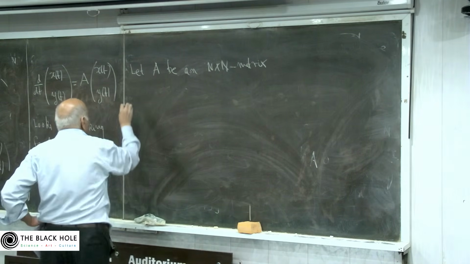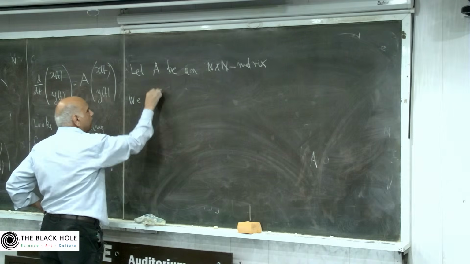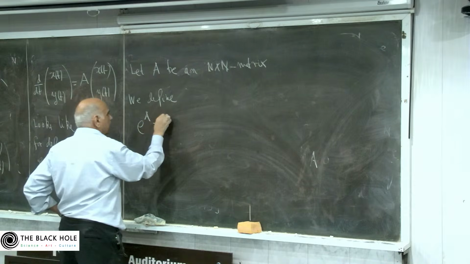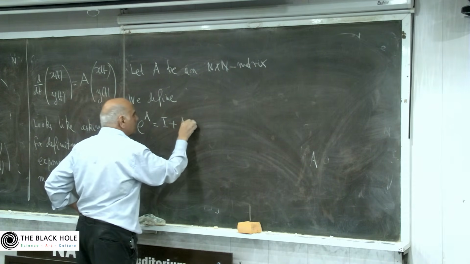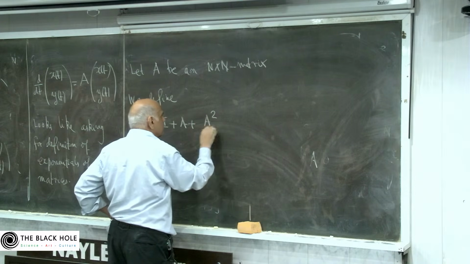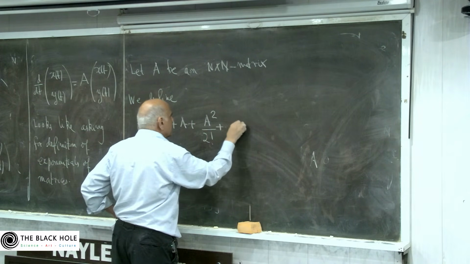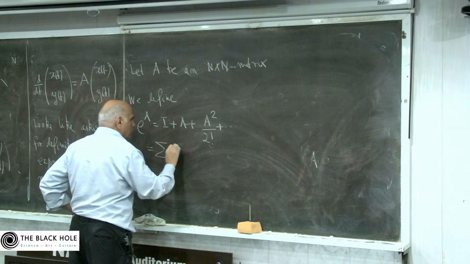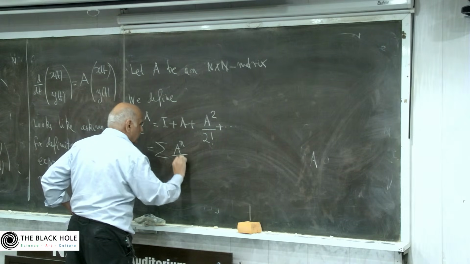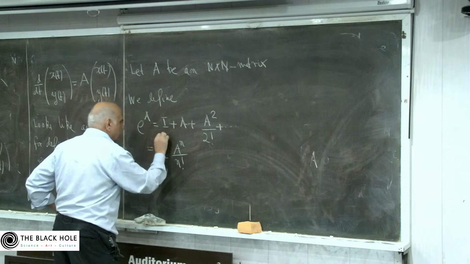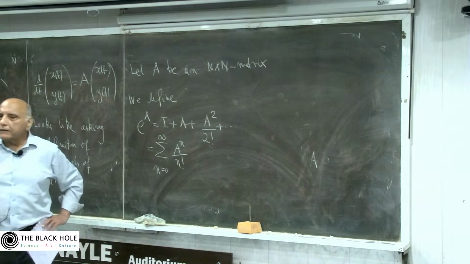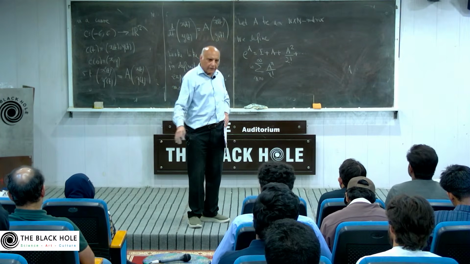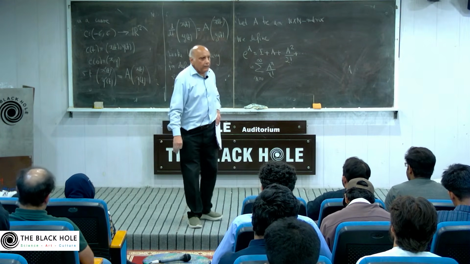We define e to the A as the identity plus A plus A square over 2 factorial, so this is sigma A to the power of n over n factorial, from 0 to infinity, okay? And you can check that this series will converge, okay?